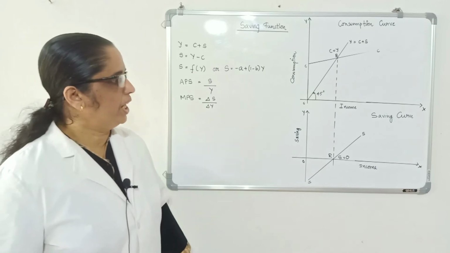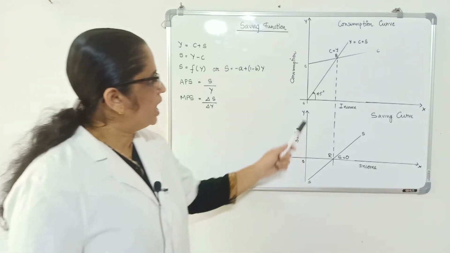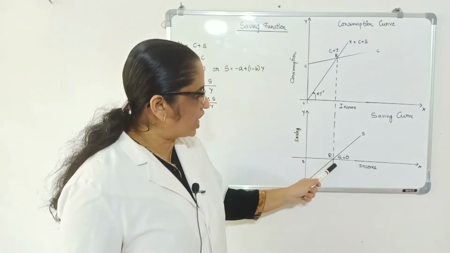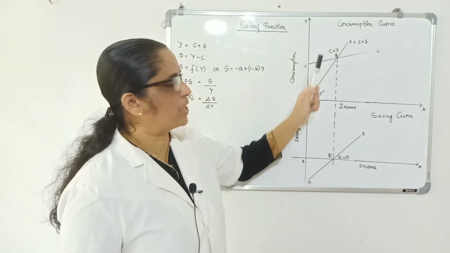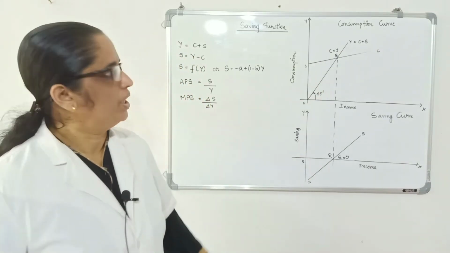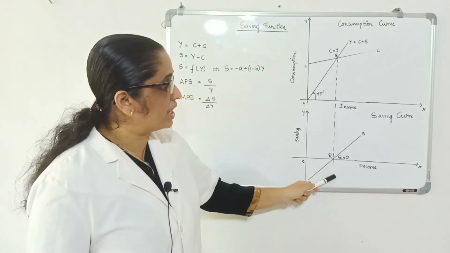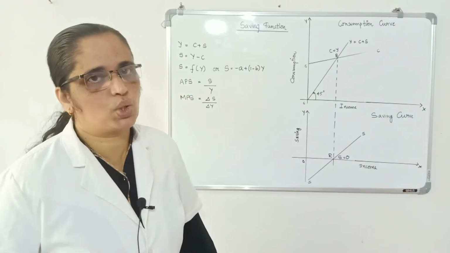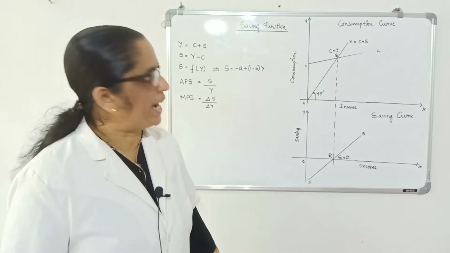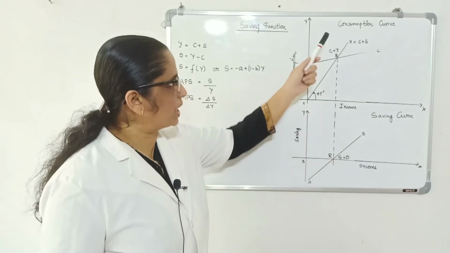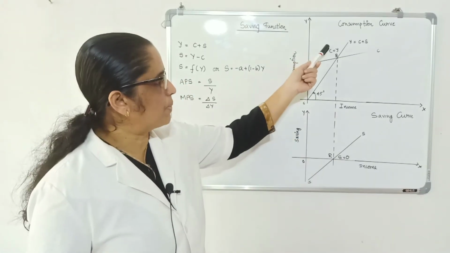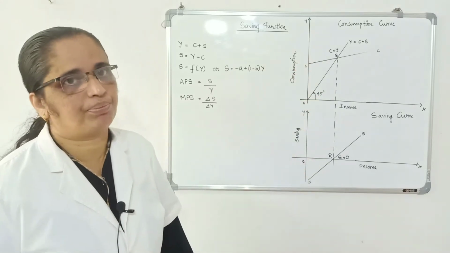Okay, now let us study how to derive the saving function curve from the consumption function curve. Remember that the consumption curve and saving curve are complementary curves. We can derive the saving curve from the consumption curve, or the consumption curve from the saving curve.